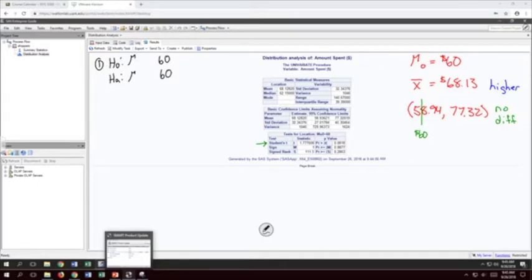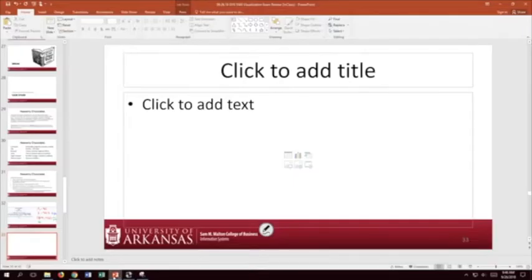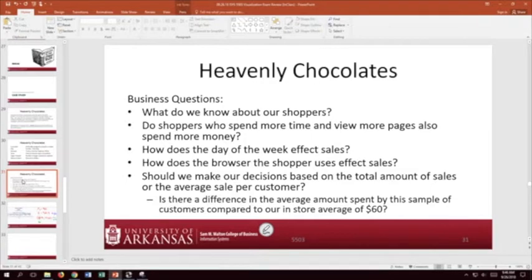Okay, so let's say that we're going to say that they're just different, right? Because when we started out, we didn't know what the mean for the sample was. And what does the question itself ask? Just, is there a difference? It doesn't say one way or the other way, right? So had my question said, is the average amount spent by this sample of customers greater than our in-store average?